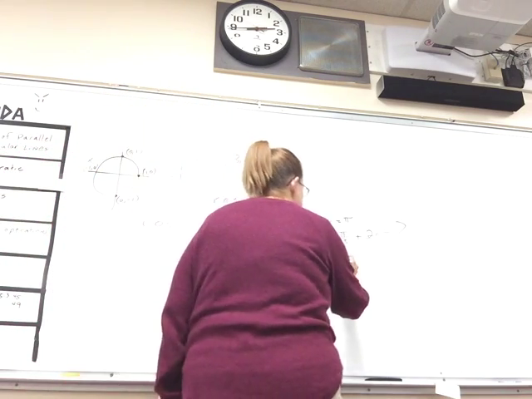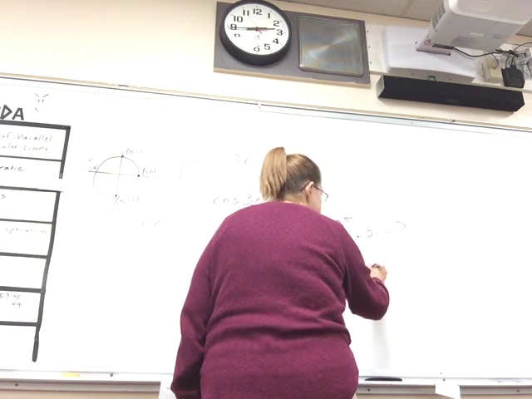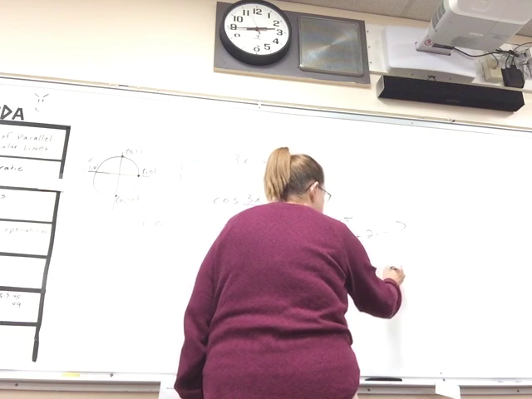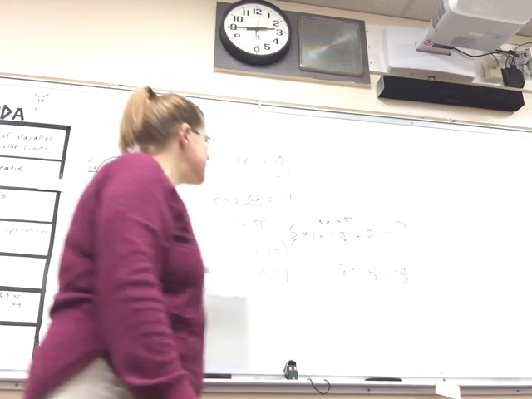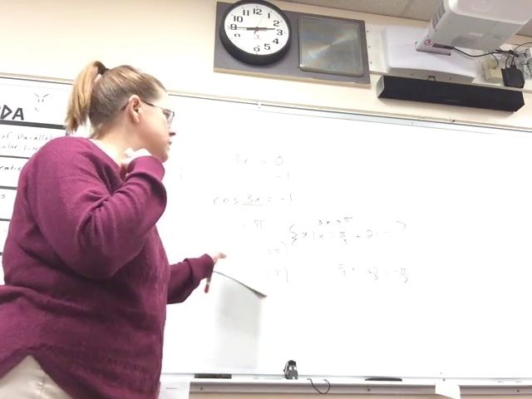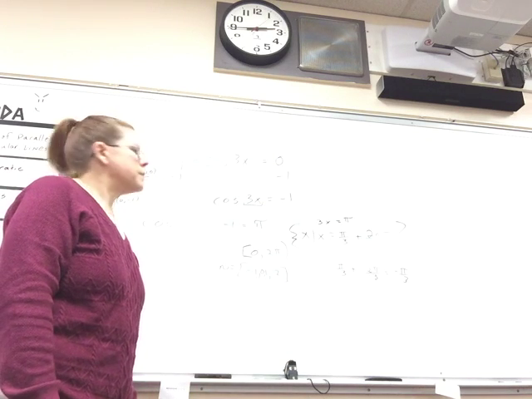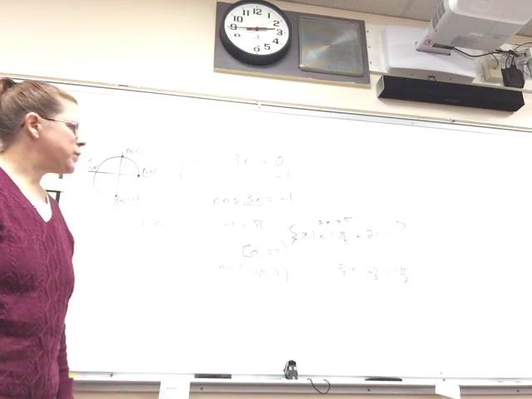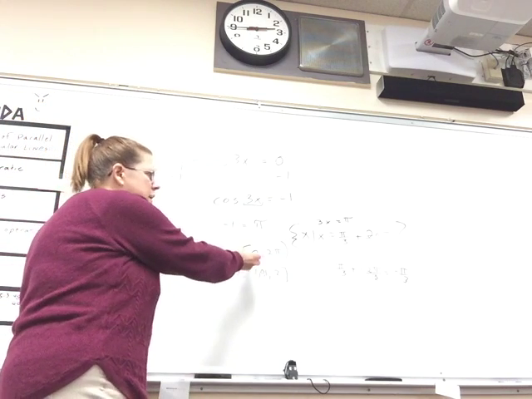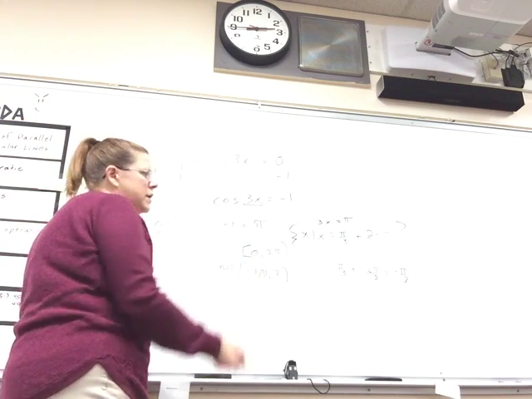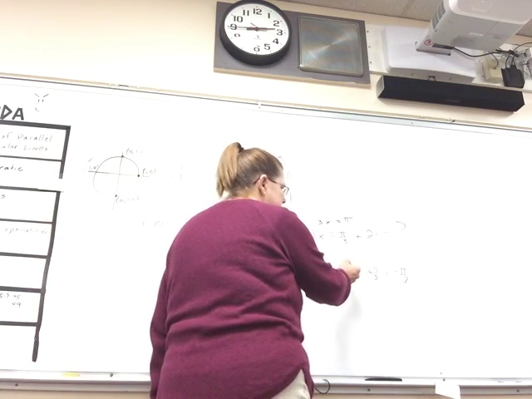Well, if that's the case, I'm going to have pi over 3 plus -2 pi over 3, which is -pi over 3. Is that in my interval from 0 to 2 pi? It's not, because -pi over 3 is less than 0. So this is not a specific solution.